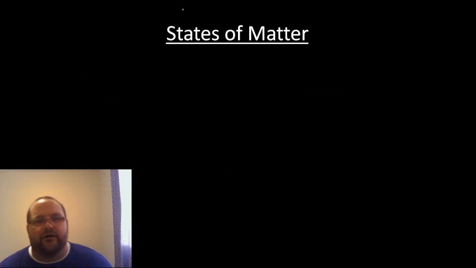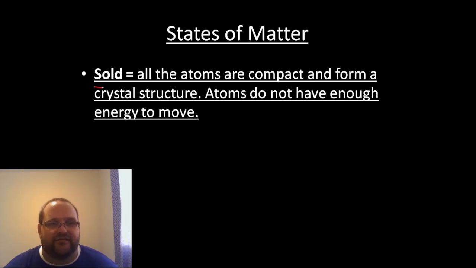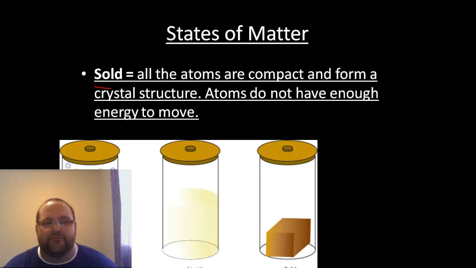So where I want to go now, I just want to look at just a review of states of matter. So we have matter, and it also shows up in a bunch of states. So the first state is a solid, and all the atoms in a solid form together in a crystal structure. And if we look at a really common solid, which is sodium chloride, the atoms sort of form together in this lattice.